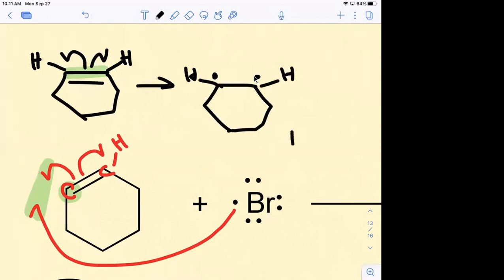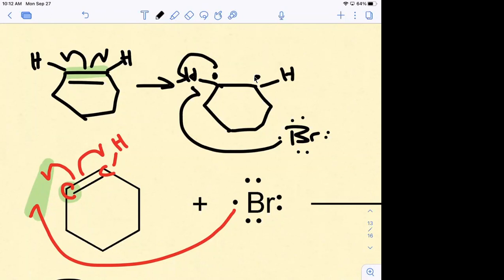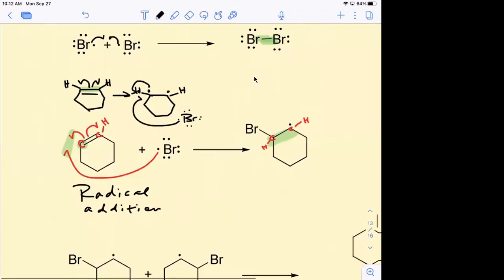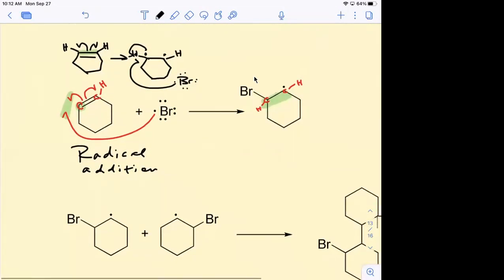So if there's a bromine out here, when it comes here, this electron is coming here to meet it. So it has nothing to do with the hydrogen itself. It's the carbon that's reacting. Okay, thank you. Does that make sense? Yes. All right. So this is an example of a radical addition. I'm taking bromine, I'm adding it to the pi bond.